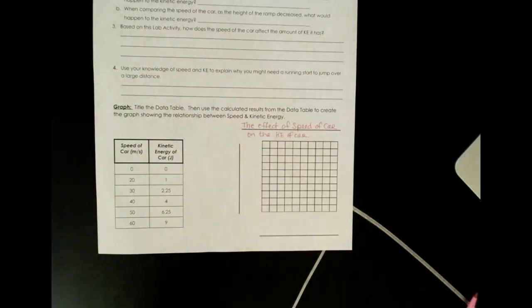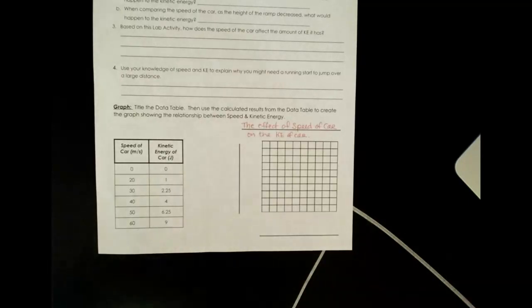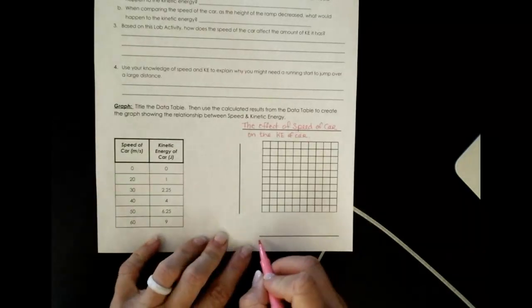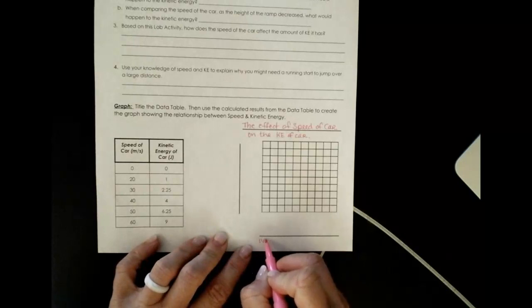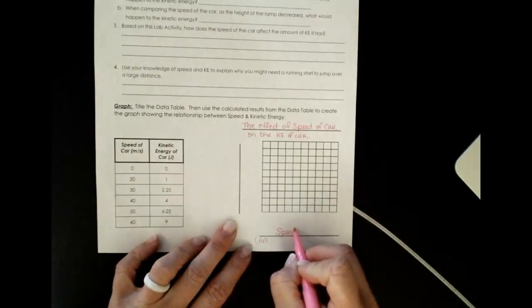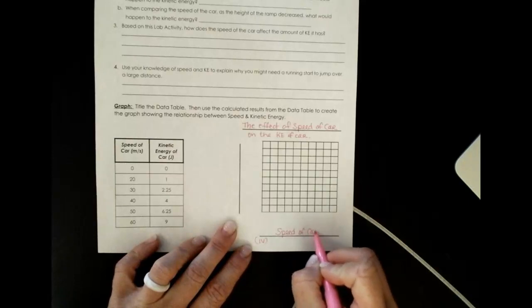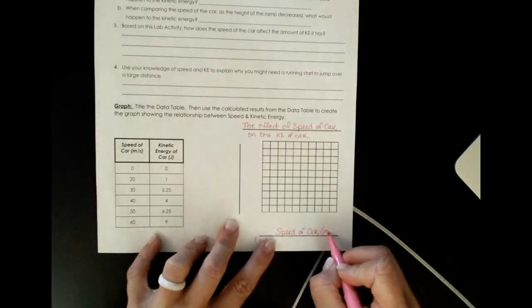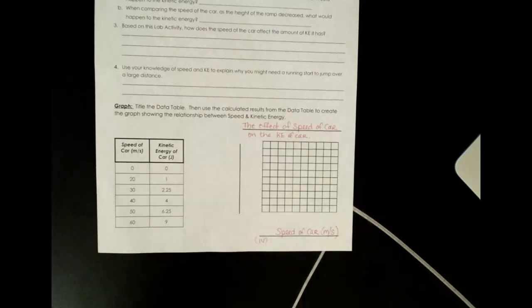Okay, so the next thing we're going to do is label the X and Y axis. Our X-axis has the independent variable on it. In this case, it's going to be speed of car. It's measured in meters per second.